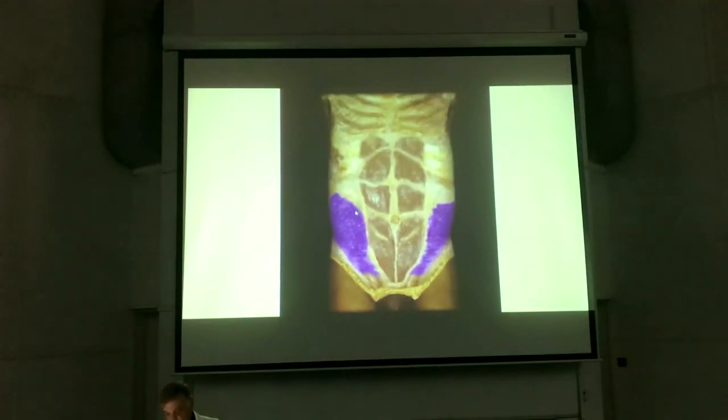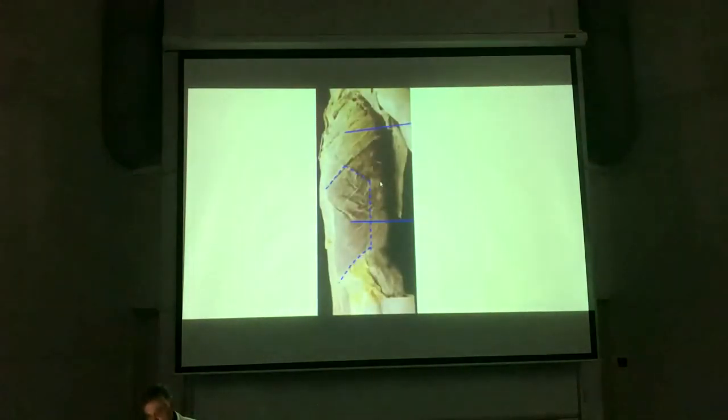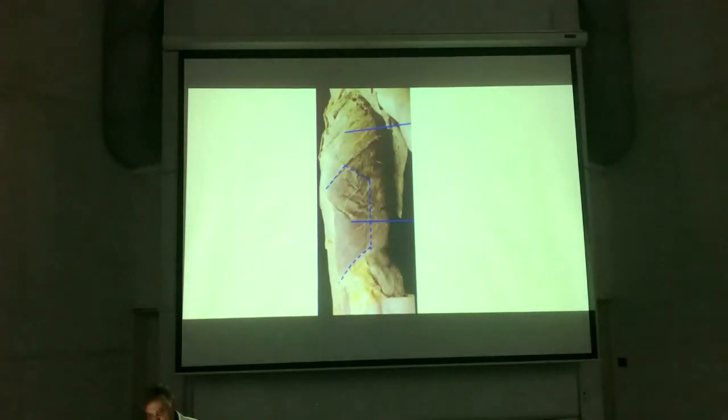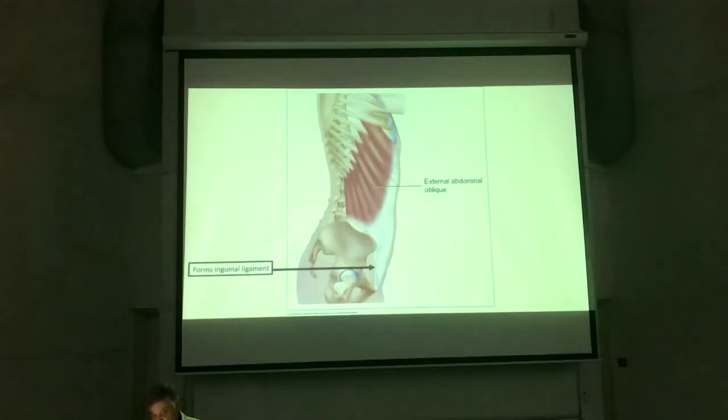The second muscle is the deeper one. The muscle fibers are in this direction, going back. This is the rectus abdominis exposed with its interdigitations. In this cadaver, the fibers are running in this direction. Therefore, this is external oblique.